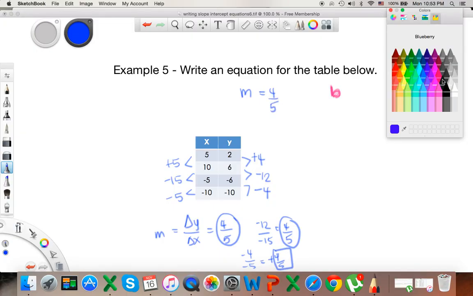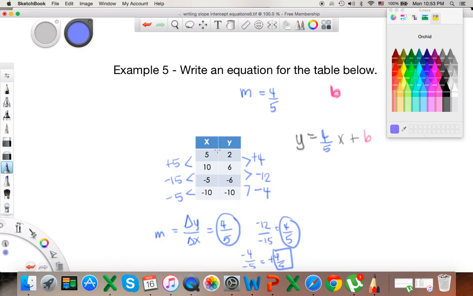So now I go ahead and I write my slope-intercept equation. Y equals, this time we know 4 over 5 is our slope, 4 over 5x plus b. Now I'm going to come in and substitute for x and y some values from the table.